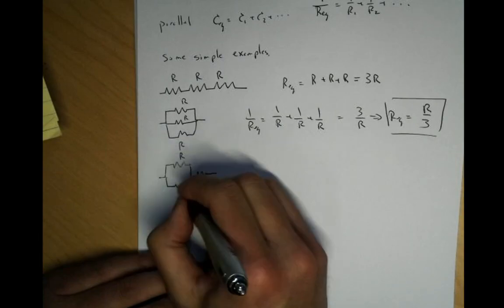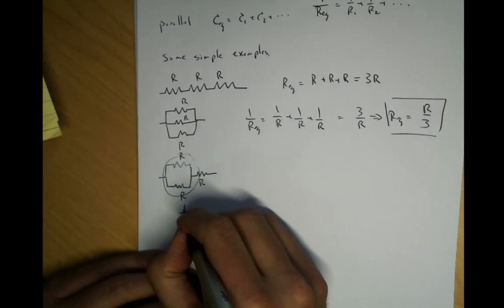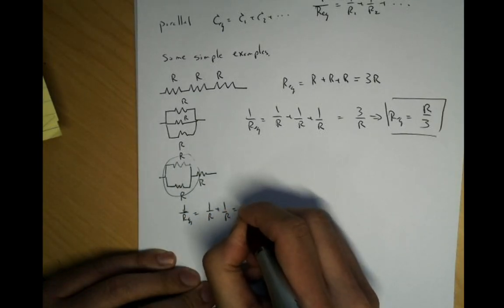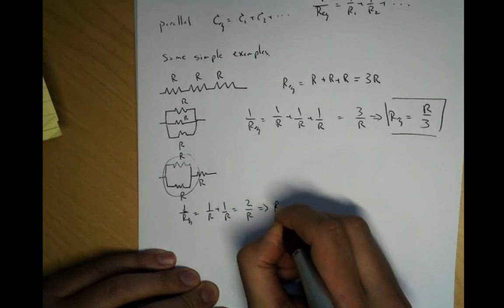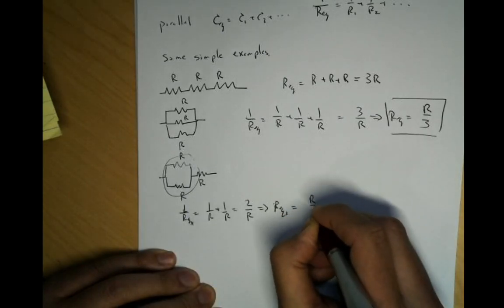In this case, let's do this part first. 1 over R equivalent is equal to 1 over R plus 1 over R, which is basically 2 over R. So that means that R equivalent, I'll call this 1, is equal to R over 2.